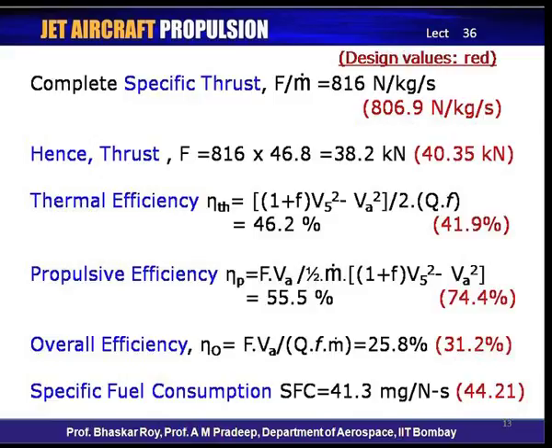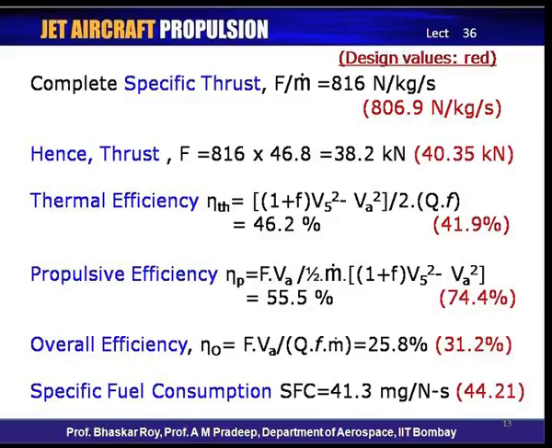slightly higher than the design specific thrust of 806.9 newtons per kilogram per second. So, your off design specific thrust is coming out to be a little more than the design specific thrust, because of the various operating conditions that have been prescribed, and the fact that the compression ratio is higher than the design point.